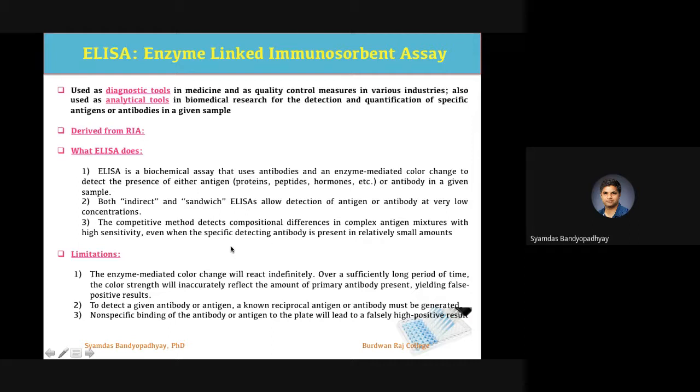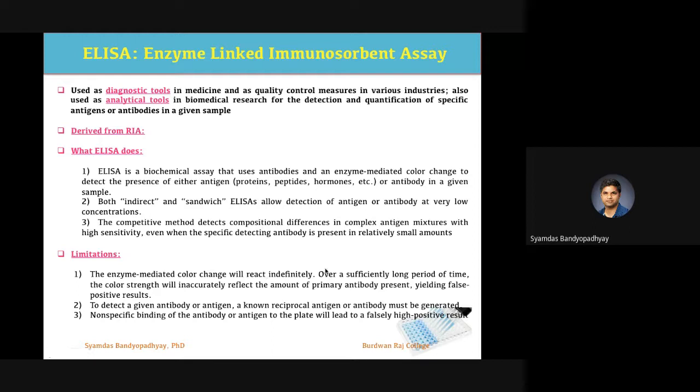Okay, now ELISA is also not without limitations. For example, the enzyme mediated color change will react indefinitely. So when this color change happens, it can react indefinitely. It will not stop, right?